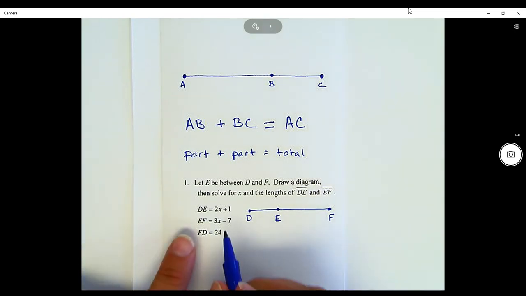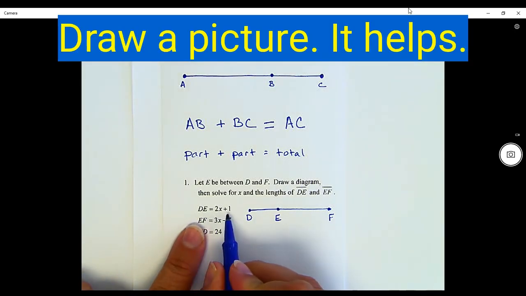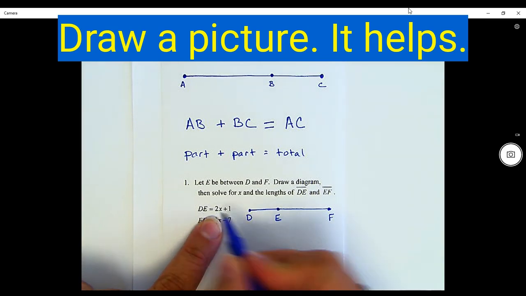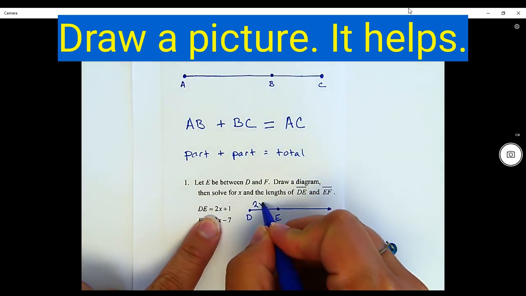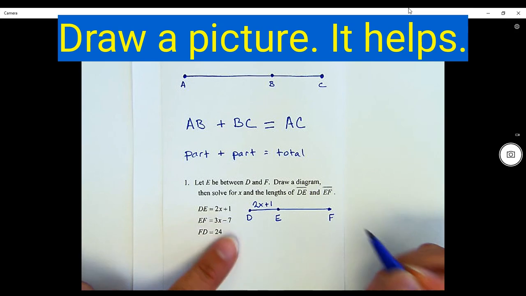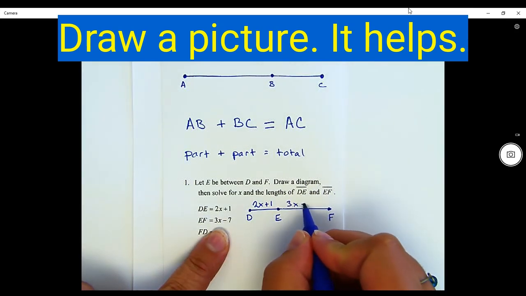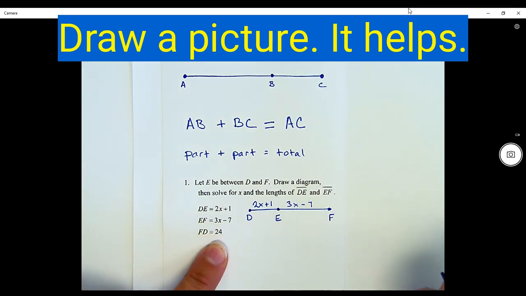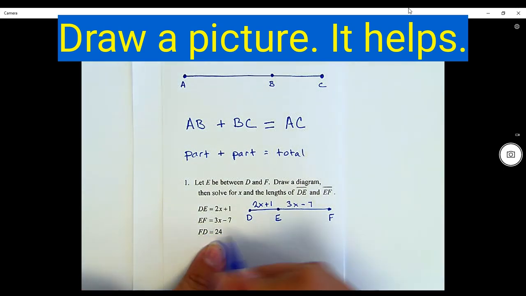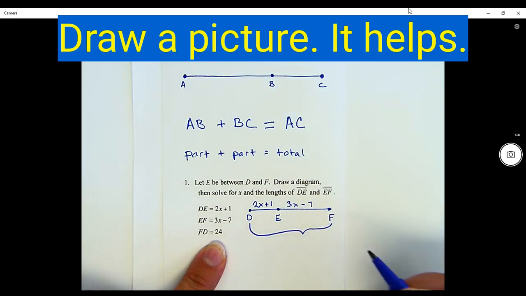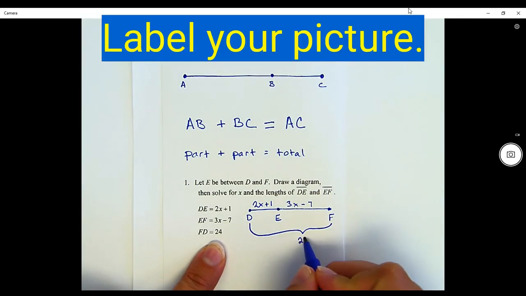Now it's given me some expressions for those lengths. The length of DE is 2x plus 1, and the length of EF is 3x minus 7. And the length of FD, that's the whole thing, the total from D to F, is 24.